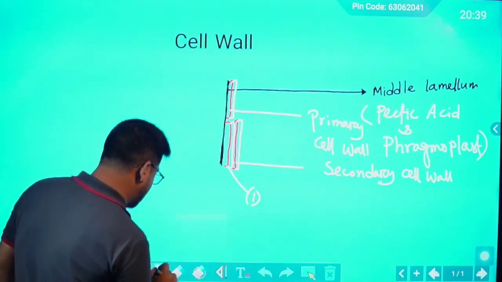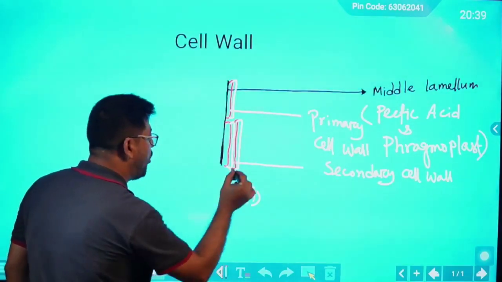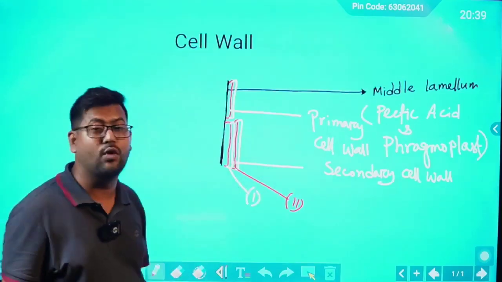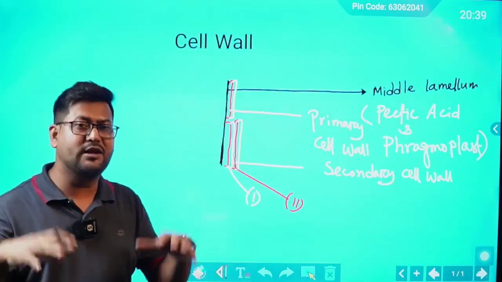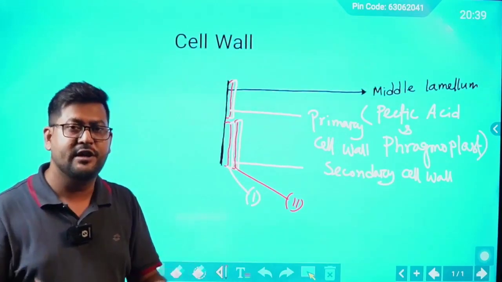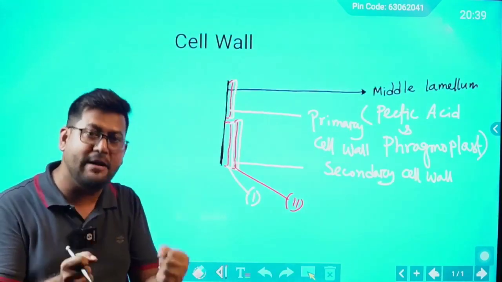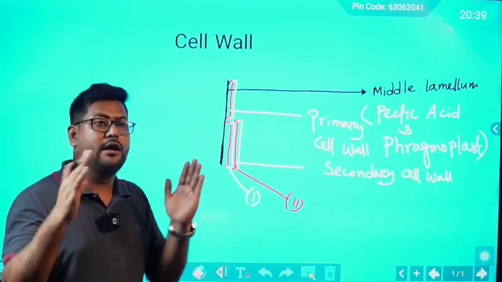When an additional lining develops over it as the second lining of the secondary cell wall, it gives more rigidity. That is why you have no chance to keep it bending. That is why it remains straight.